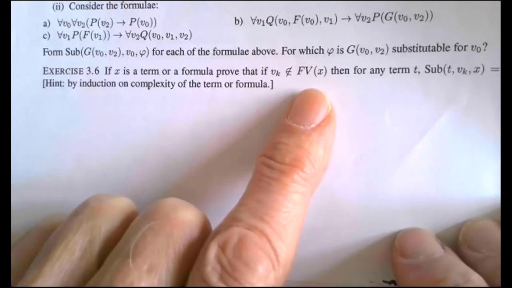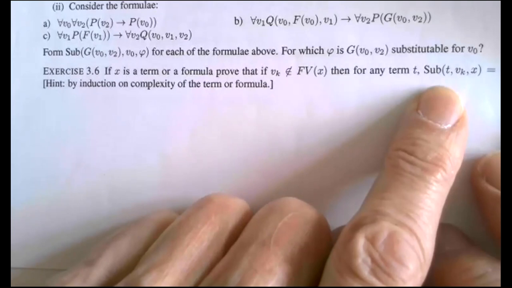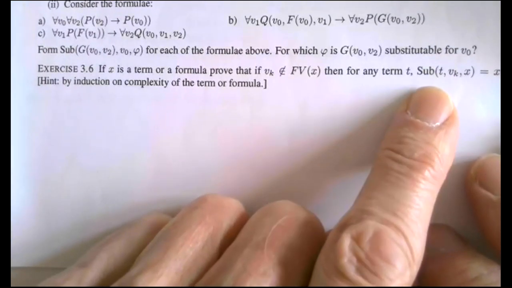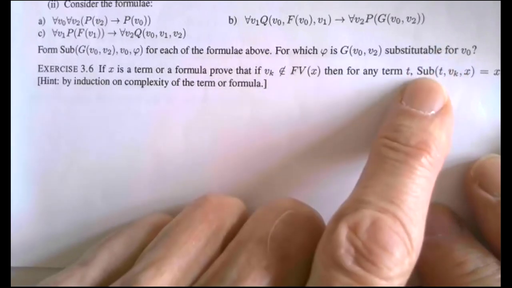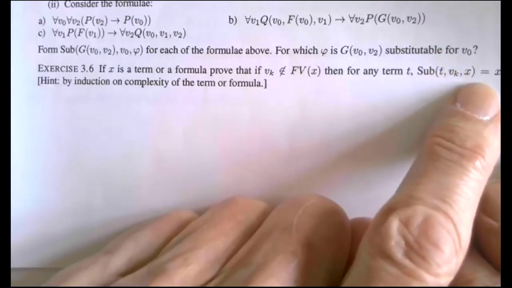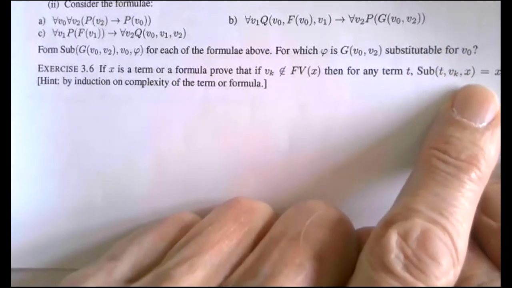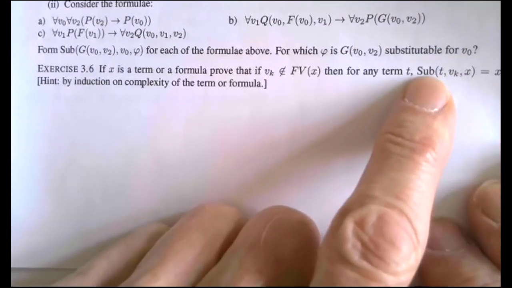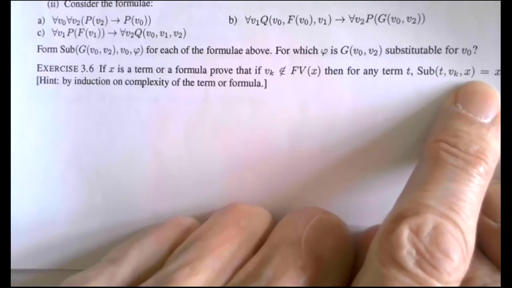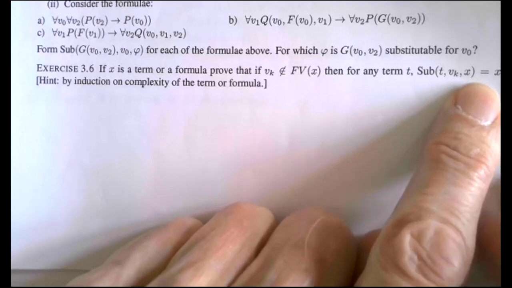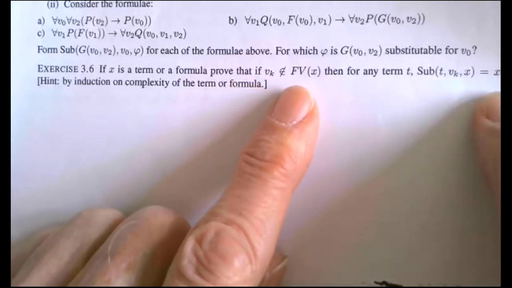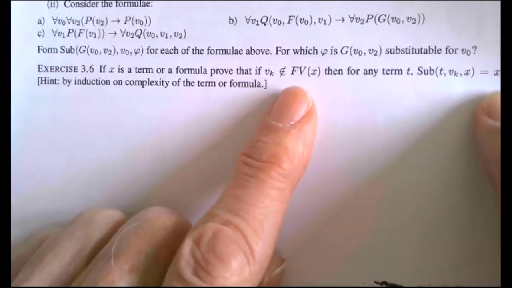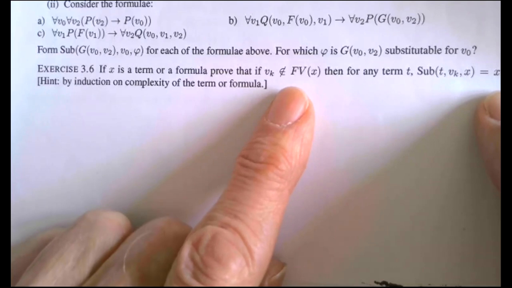Then show that the substitution function does nothing, as defined in the notes. This is the function that substitutes a term t for vk in x. Now, vk is not one of the free variables in x, so this should do nothing, and you're asked to prove that it does nothing.